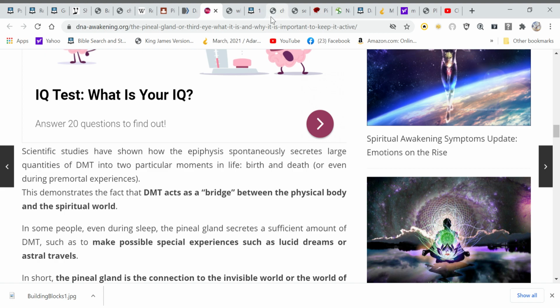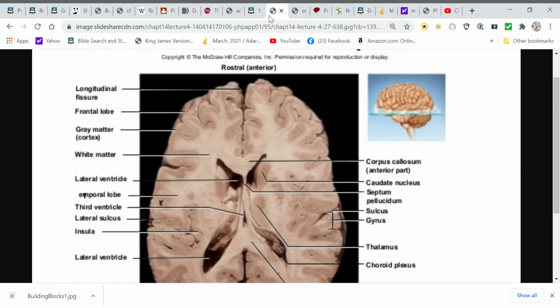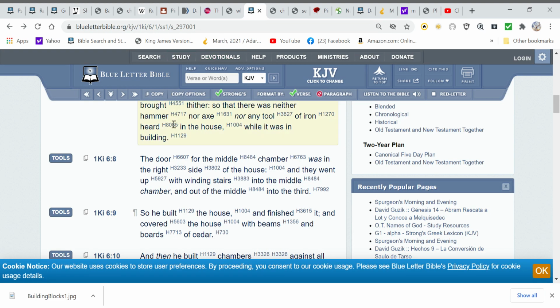Just as we saw in Matthew 6, that the pineal gland is mentioned in scripture, we see it here in the construction, in the building of the temple. Now, you've got to look at it through spiritual eyes and not through a physical building of a structure, okay? Because what the Lord is showing here is that he does have this hidden in his word, and we just need to dig for it.